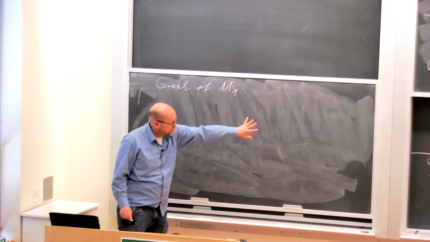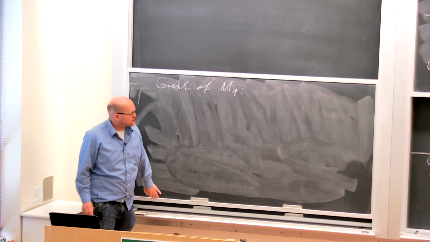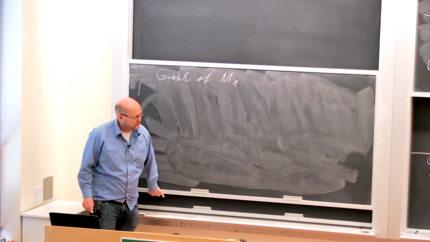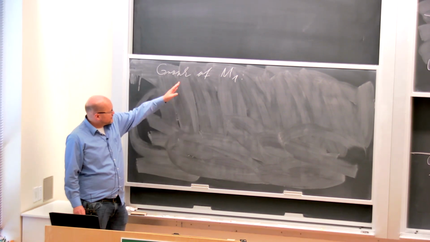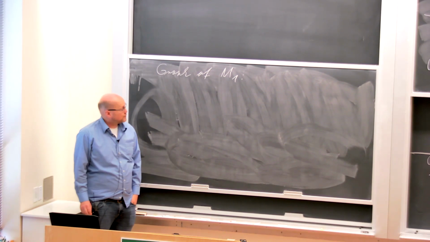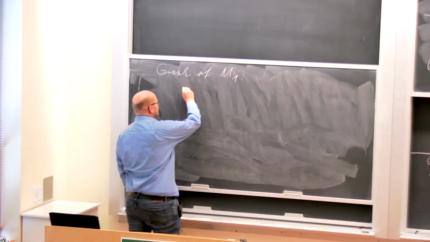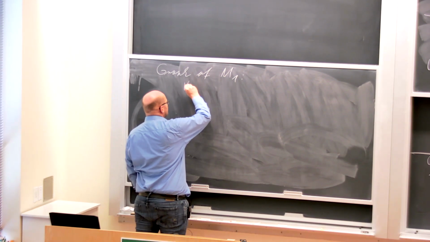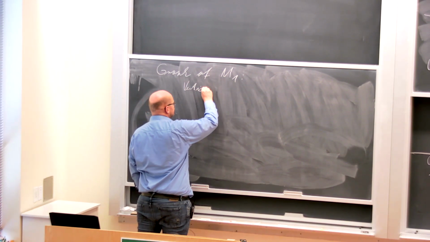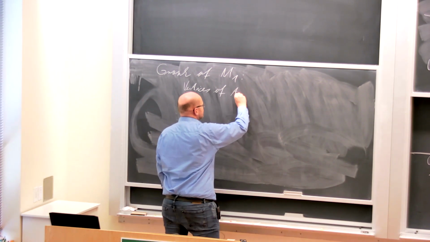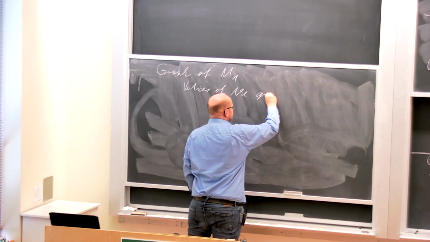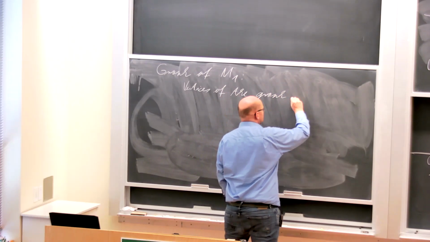Every codimension 2 torus has fixed point components which are symmetric. Then you can assign a graph to the one skeleton. So the vertices of the graph are fixed point components.